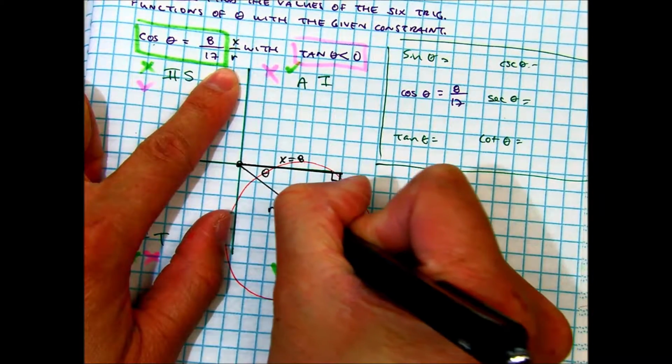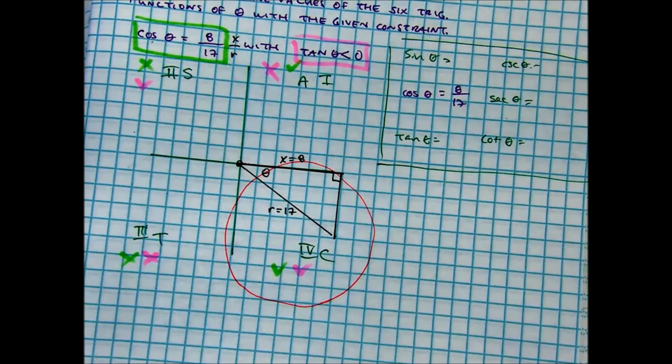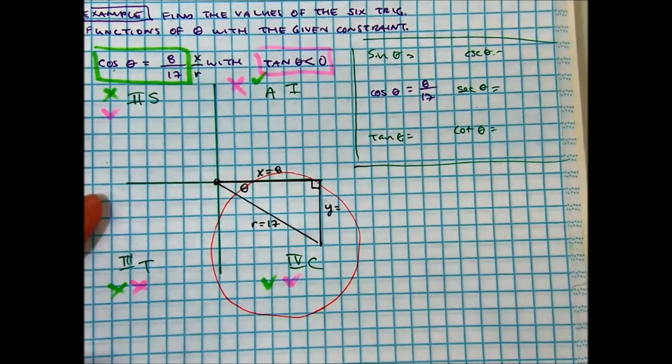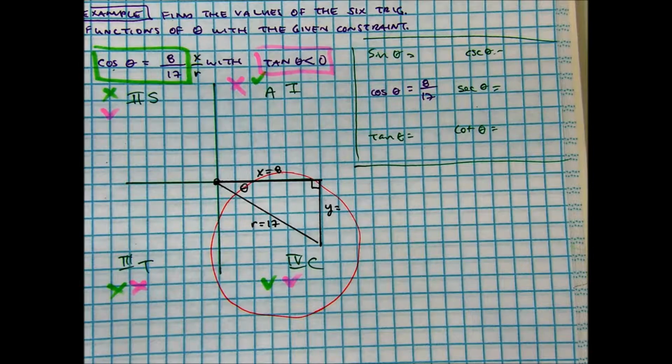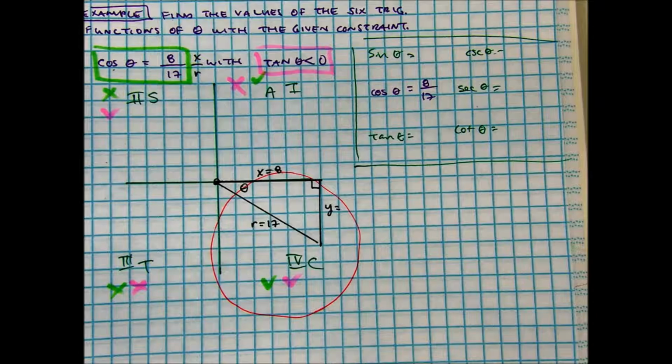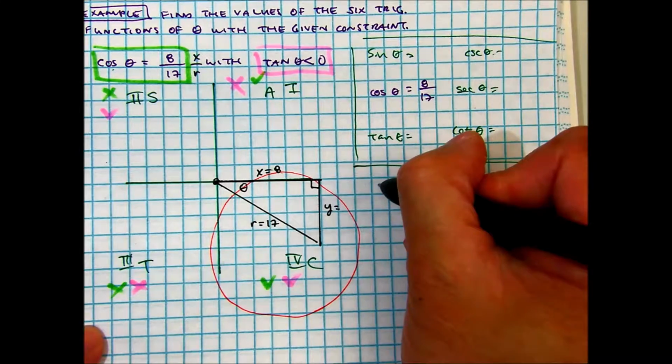We need to figure out a y value. Partner A, tell partner B a formula we can use to find the y value. I'm trying to figure out a formula to find the y value.